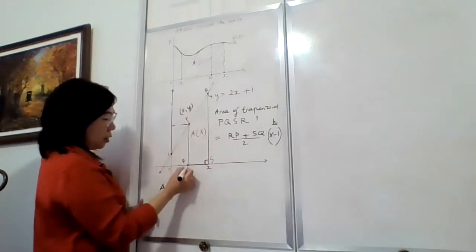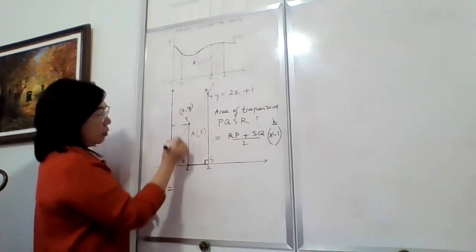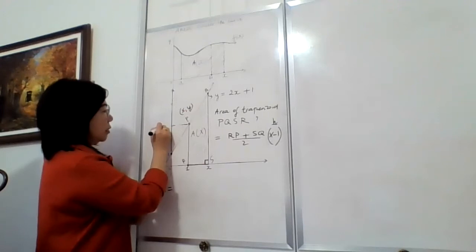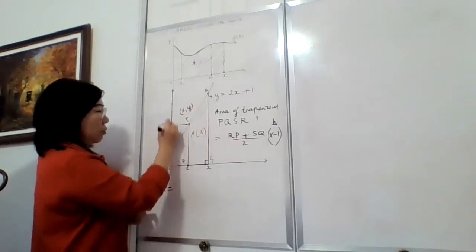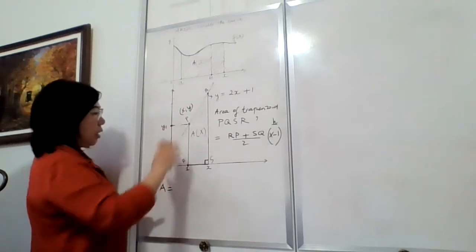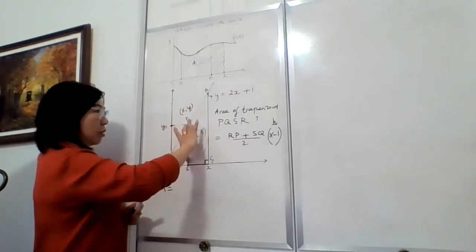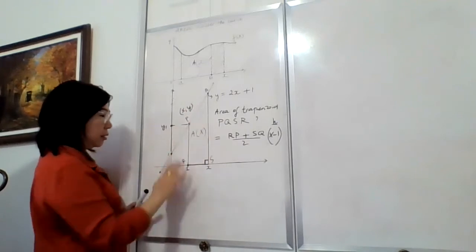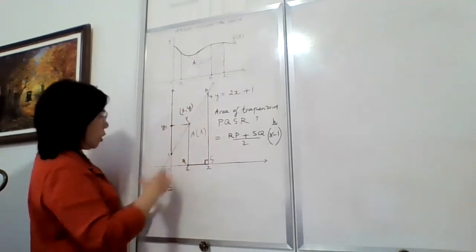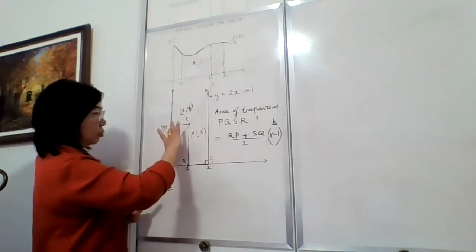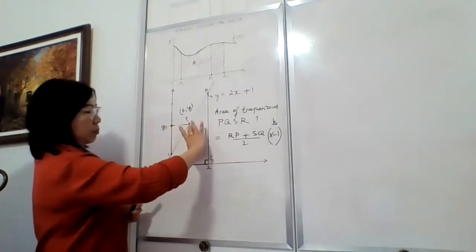So we know the x coordinate of P here is 1. What about the y? Let's say this is y1, right here. Let's calculate y1. It turns out y1 is the length of PR, y1 units, from 0 to y1 is the length of PR.